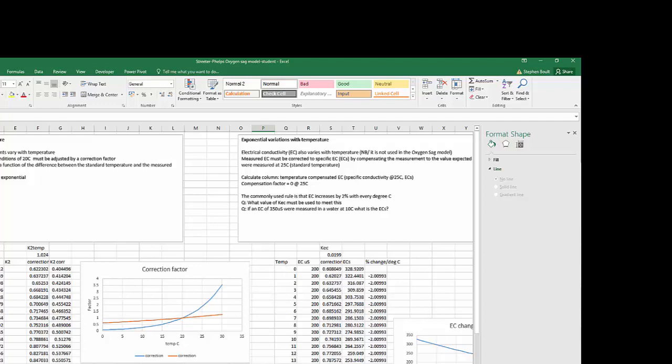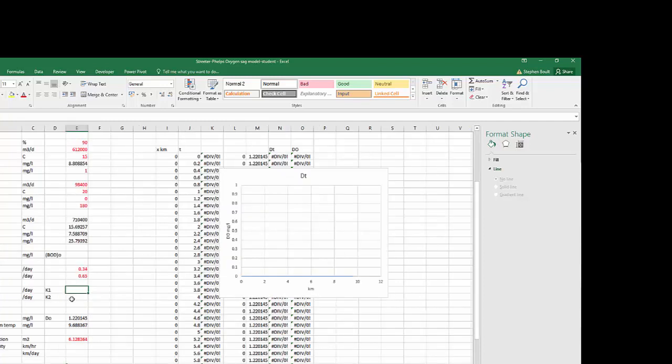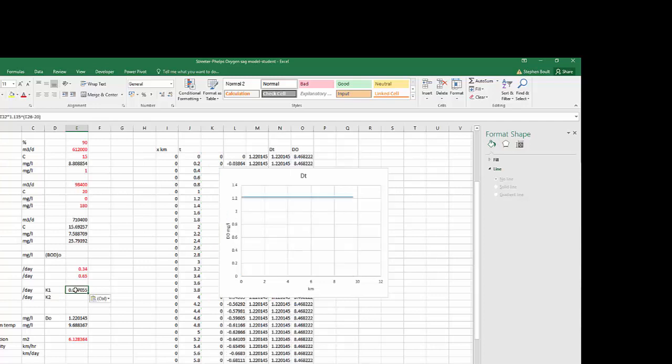So back to the model then. We need to correct these, and we could have used the VLOOKUP to pull the numbers from the table, but as the equation is very simple, a straightforward exponential, we can just write that in. The bit of information you didn't have is this temperature constant, which is 1.135.